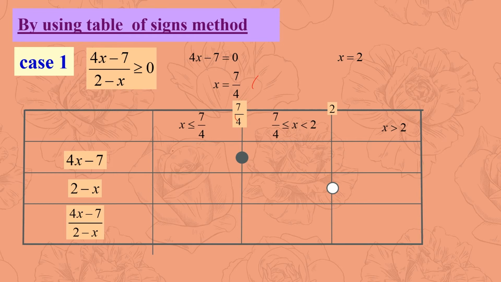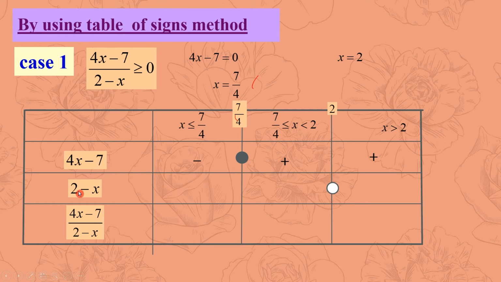And if we substitute any value smaller than 7 over 4, for example 0, 0 times 4 is 0, 0 minus 7 gives us negative. So we put negative, positive, positive.